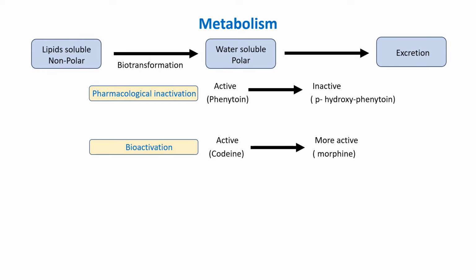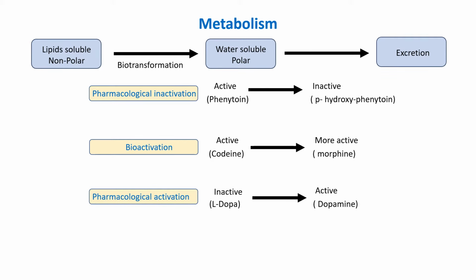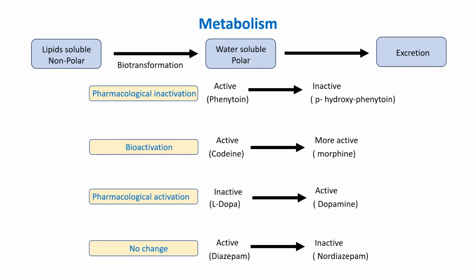Another outcome is pharmacological activation, where an inactive drug known as a prodrug is converted into active metabolites, making the compound therapeutically more effective. Lastly, biotransformation can sometimes result in no changes in pharmacological activity, where an active drug is converted into metabolites that have equal pharmacological activity.